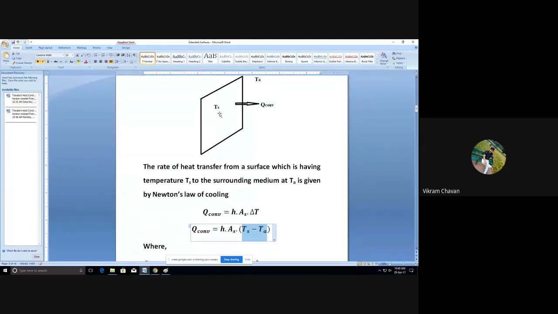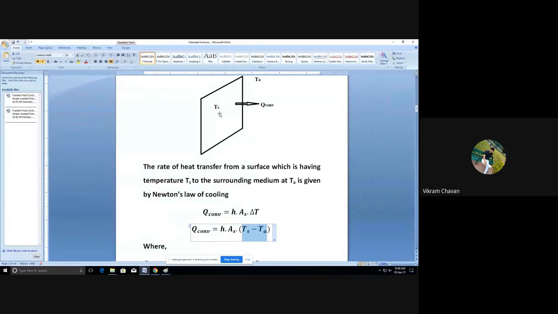So increasing or decreasing the environment temperature is not in your hand. Only the surface temperature is in your hand.